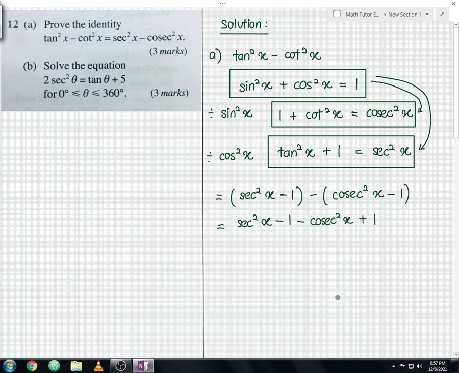We are very close to our answer. This negative 1 and positive 1 you can simplify, which ends up getting 0. So from here your final answer will be secant square x minus cosecant square x. Let me outline the solution for question part A.